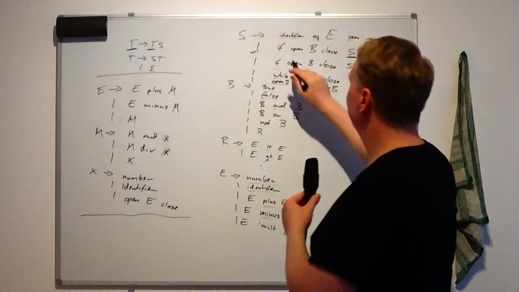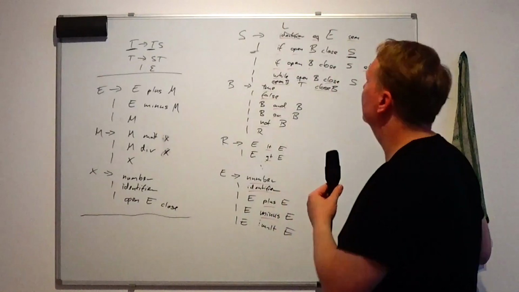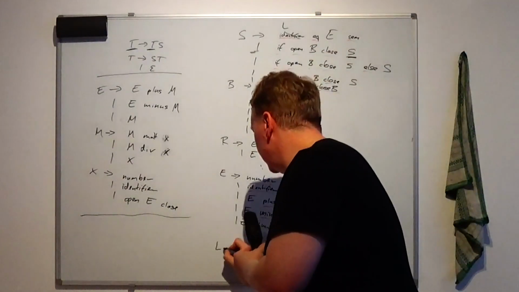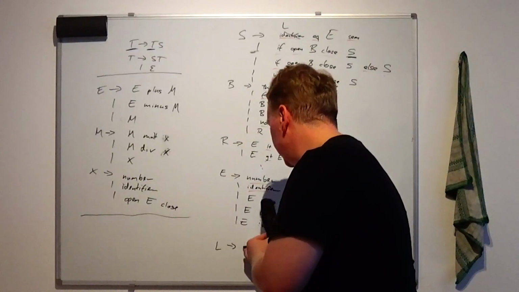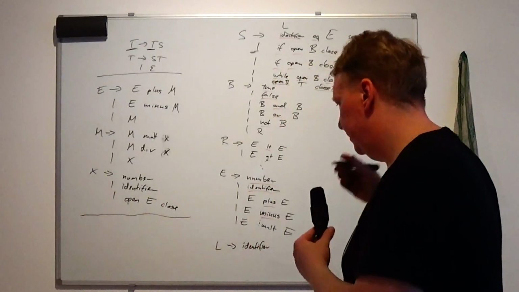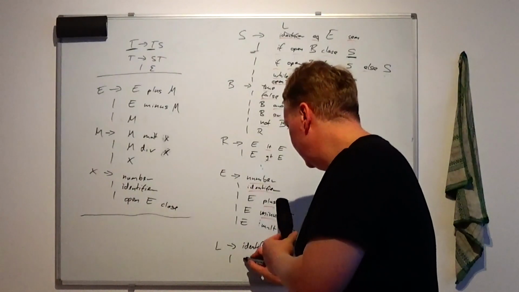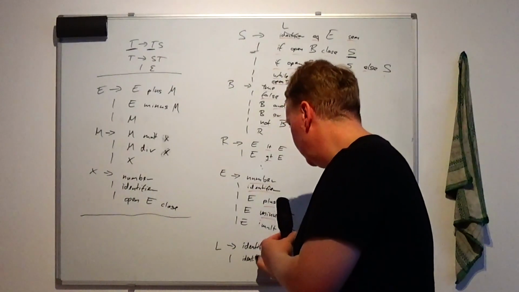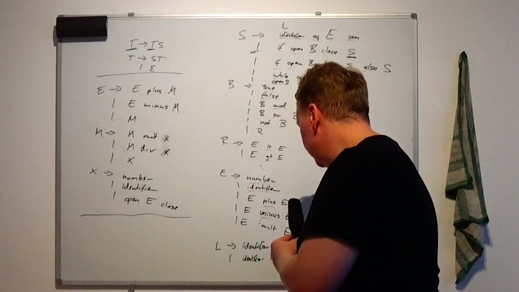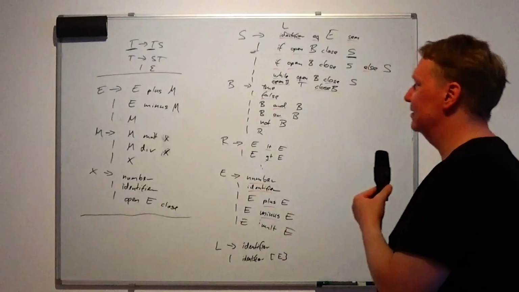So do yourself a favor, and instead of using identifier here, have another non-terminal for L values, and then just start with L value goes to identifier. Later you can add stuff like identifier, open bracket, expression, close bracket for arrays. You save yourself a lot of headache if you do this right from the start.